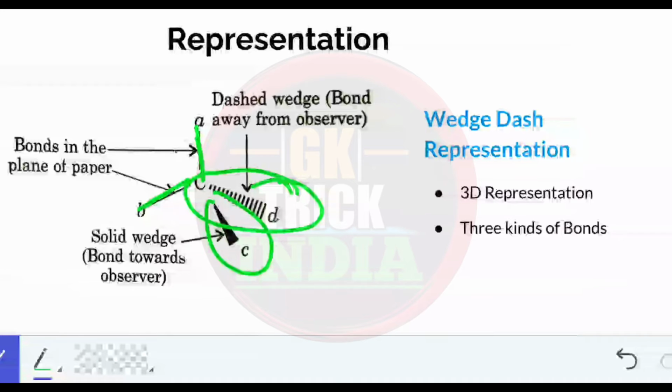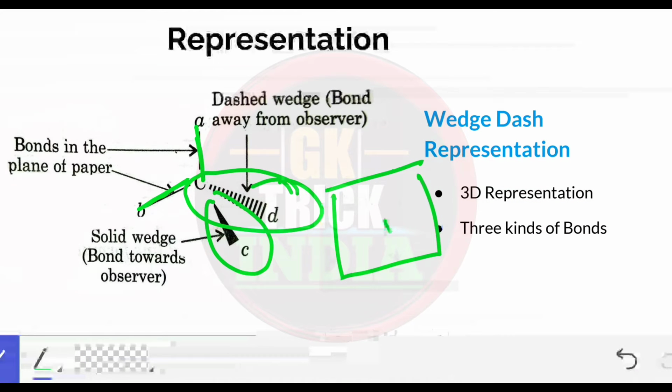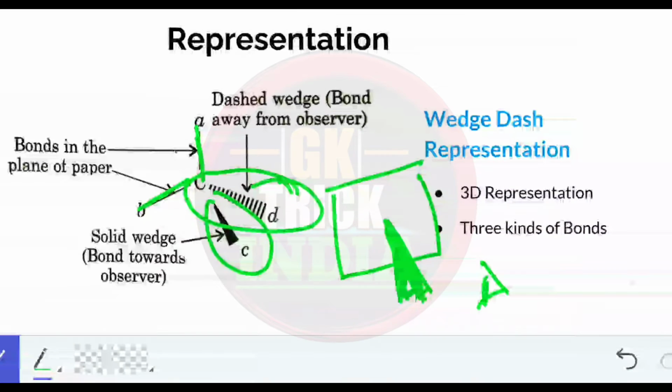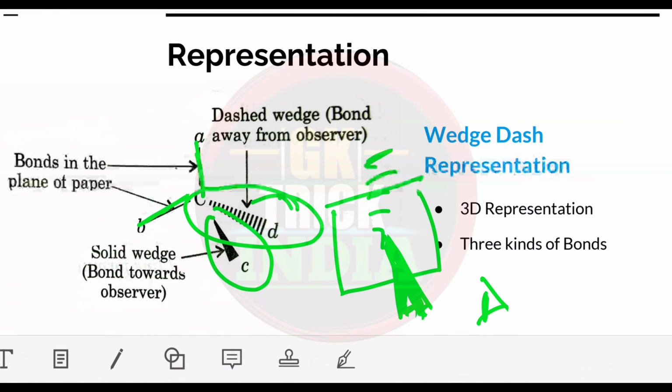So you can imagine that one is coming towards you and the other is going back behind the plane of the paper. That's how you present molecules on a piece of paper, right? These are known as solid bonds, and these are known as dashed bonds, right?